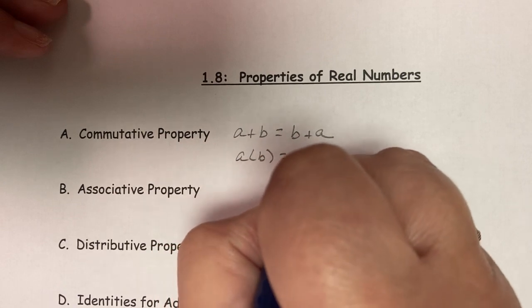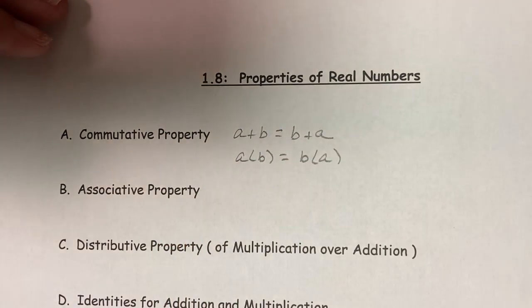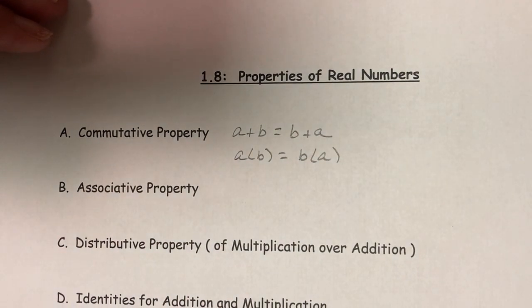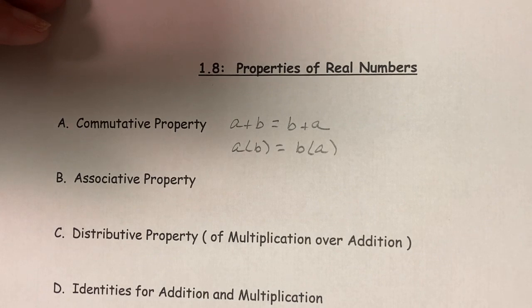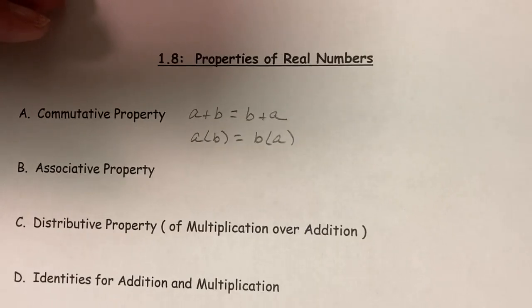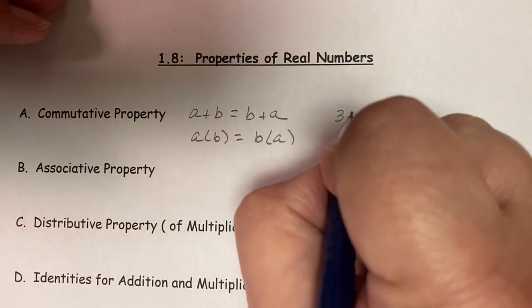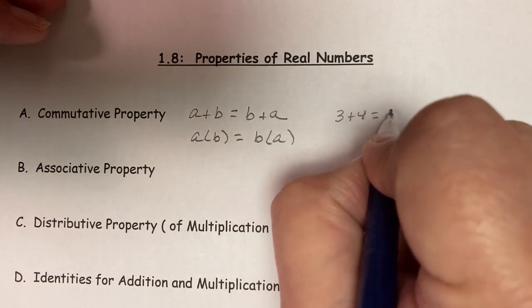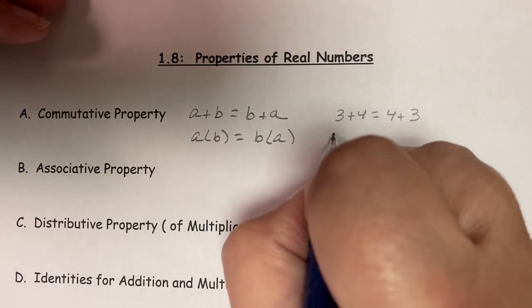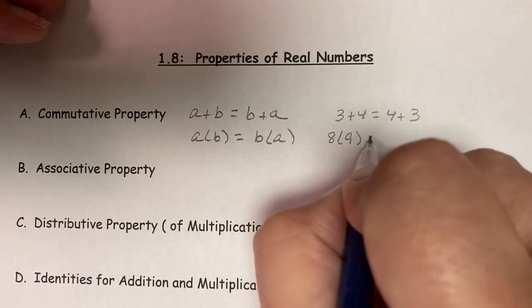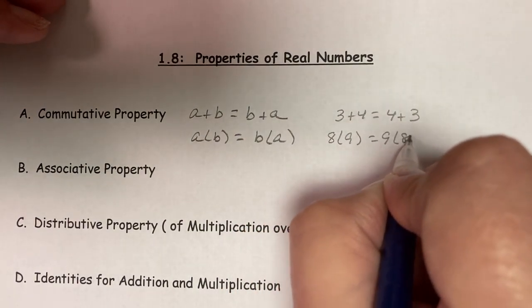A times B is exactly the same as B times A. It does not hold for subtraction or division because it does matter for those 2 operations what order those values are in. So a quick example would be 3 plus 4 is exactly the same as 4 plus 3, and you know that that's true. Or 8 times 9 is exactly the same as 9 times 8.